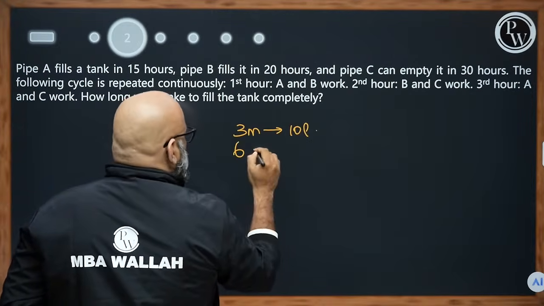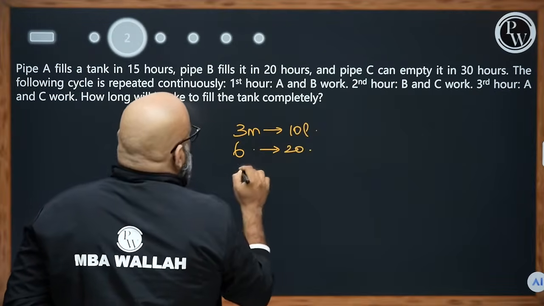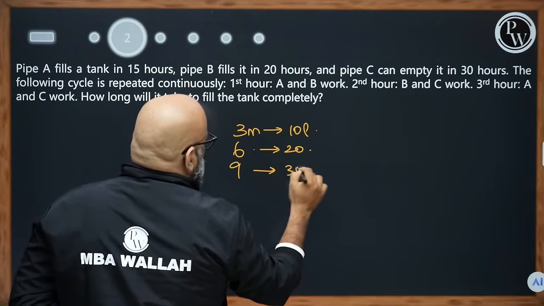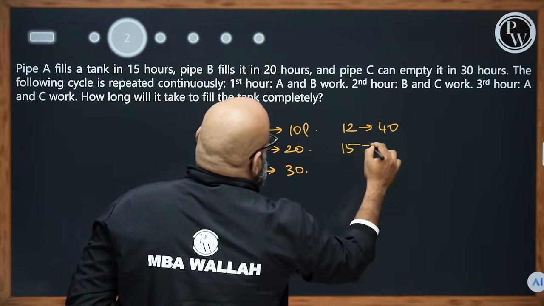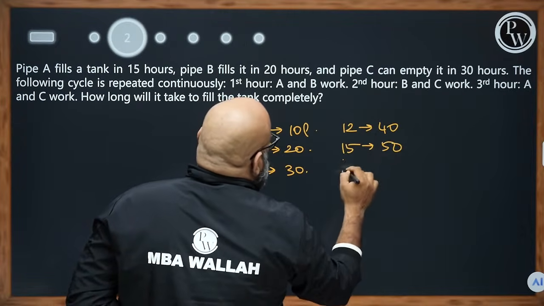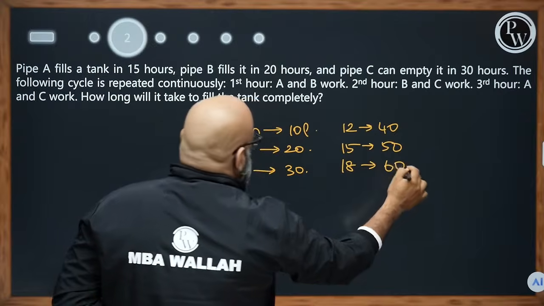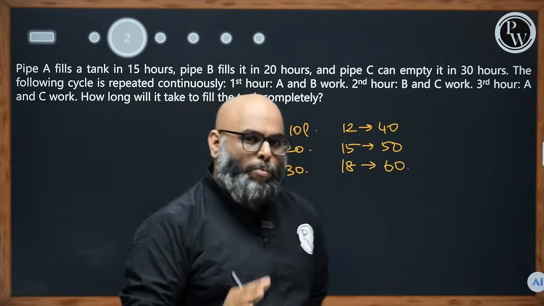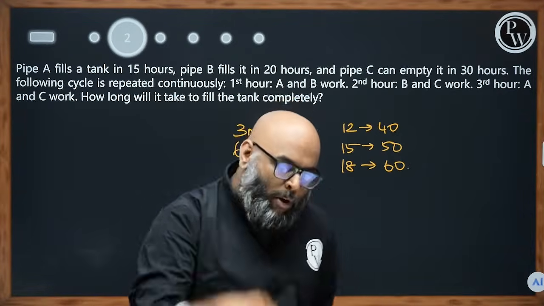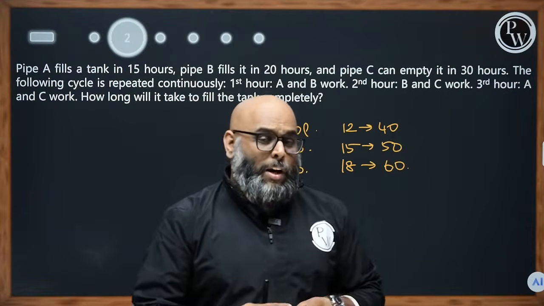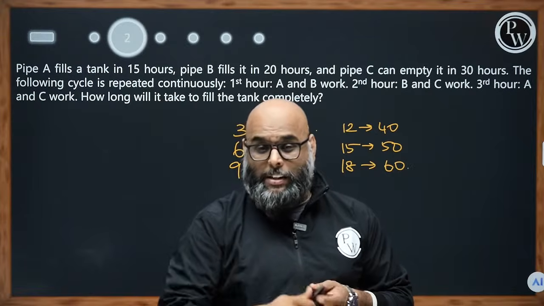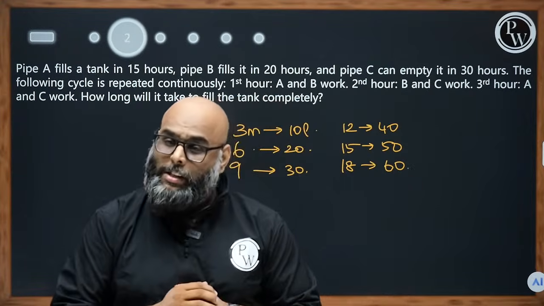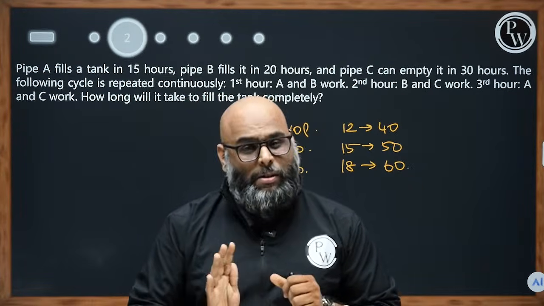Another 6 minutes, 20. 9, 30. 12, 40. 15, 50. 18, 60. Here it is 18 minutes and it works. It sits well here because of the fact there is only positive work happening. And also the cycle, the value divides it easily. So here it is 6 cycles of 3 minutes, works.